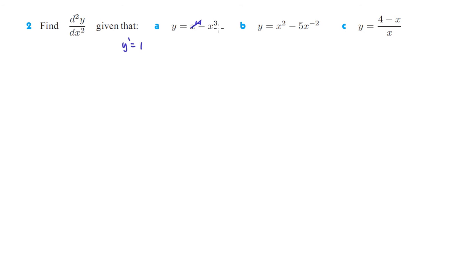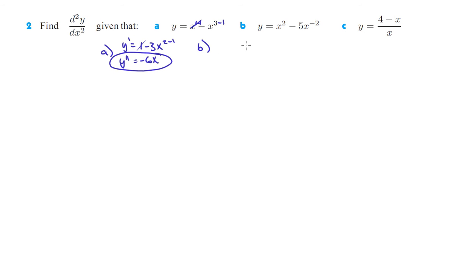Subtract 1 and that's gone. And then 3 times negative 1 is negative 3x to the second. That's the first derivative. The second derivative is going to be the derivative of that. The derivative of a constant is 0. So 2 times negative 3 is negative 6x to the first. So there's our second derivative.